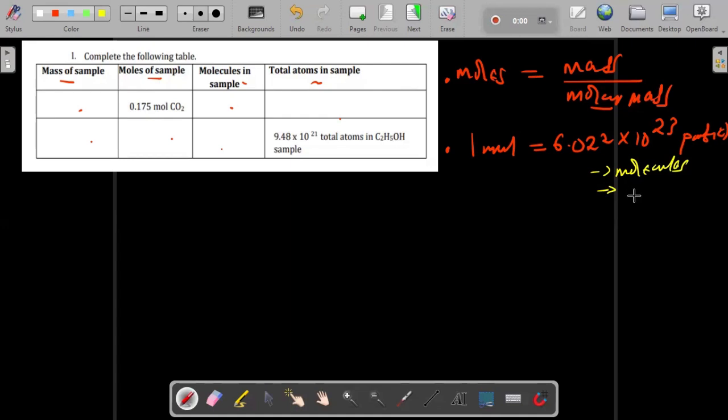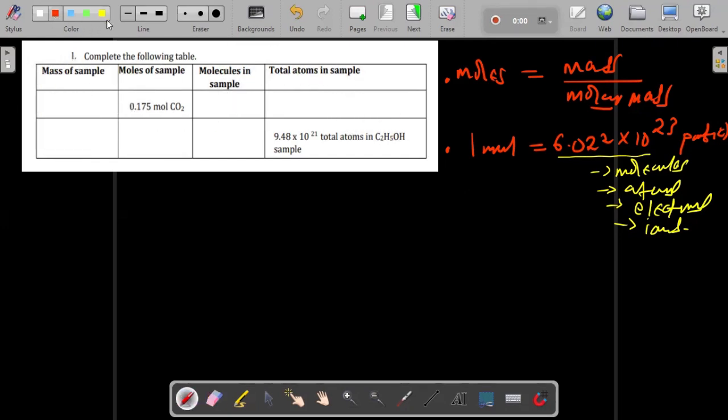They can also be atoms. They can be electrons. And they can be ions. So one mole of anything contains the Avogadro's constant number of particles. This number here, 6.022, is the Avogadro's constant.